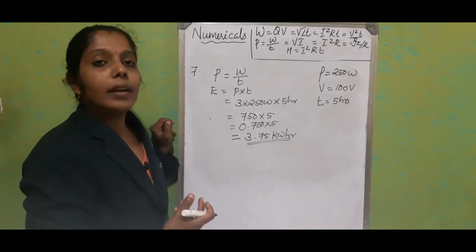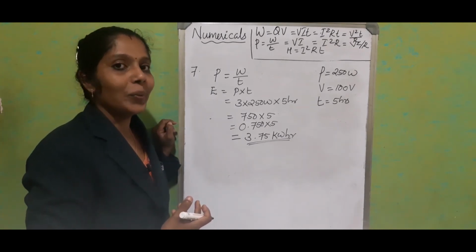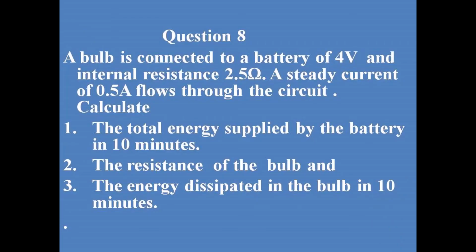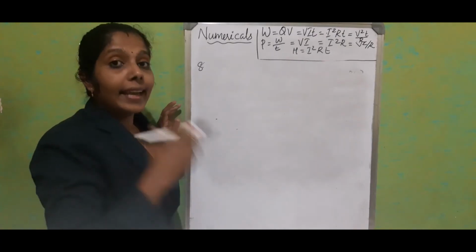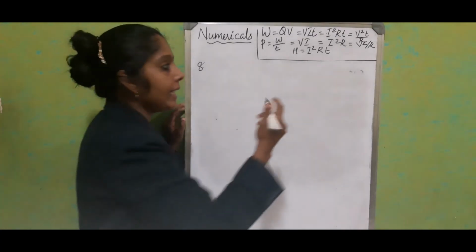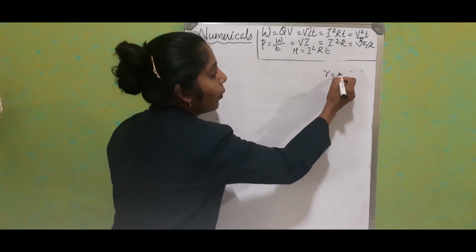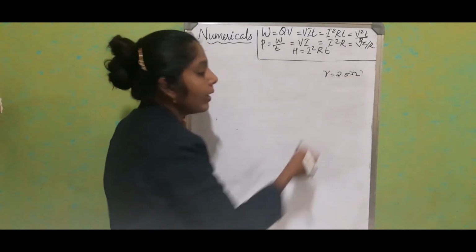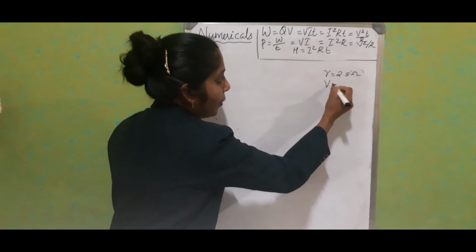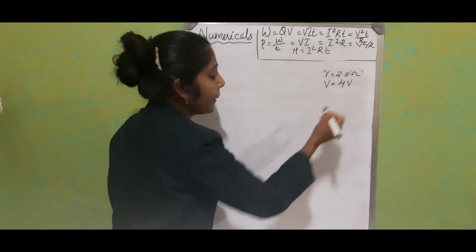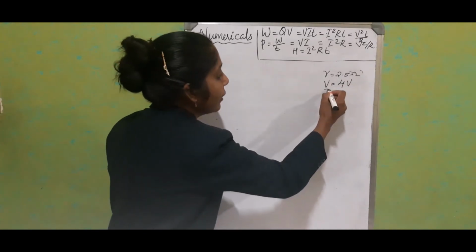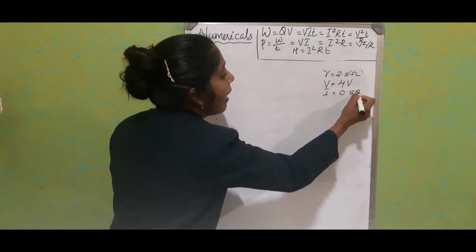Now move on to the 8th one. In the 8th question, a bulb of internal resistance r of 2.5 ohm is connected to a potential difference of 4 volt, and the current passing through is 0.5 ampere.